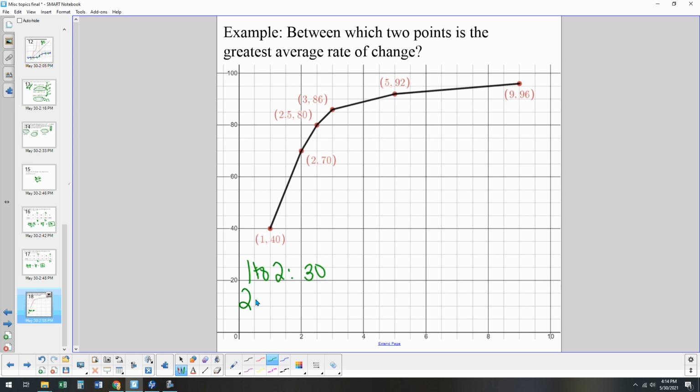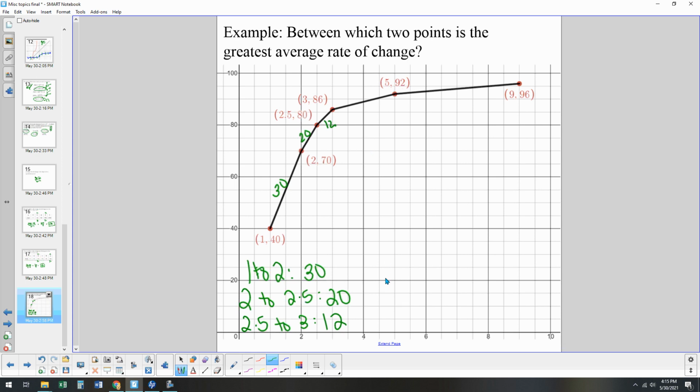Then 2 to 2.5. We have 80 minus 70 is 10. 2.5 minus 2 is 0.5. So 10 over 0.5 is actually 20. So it's 30, 20. Then we have 2.5 to 3. So 86 minus 80 is 6, and 3 minus 2.5 is 0.5. So 6 over 0.5 is 12.